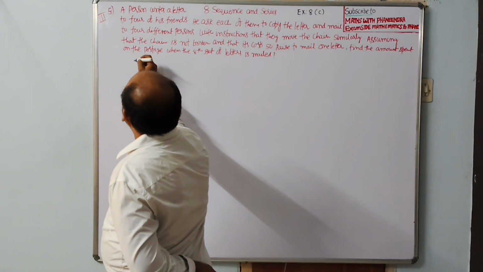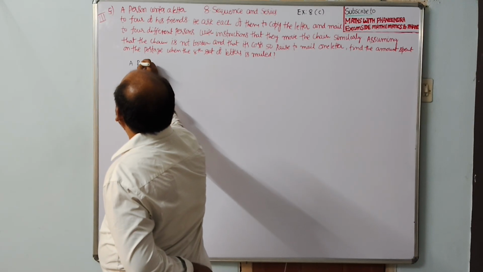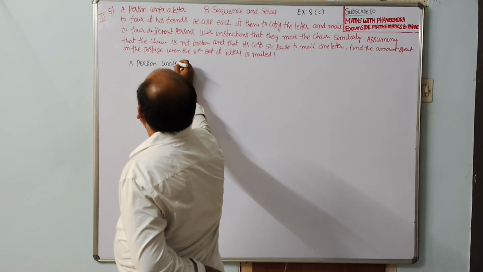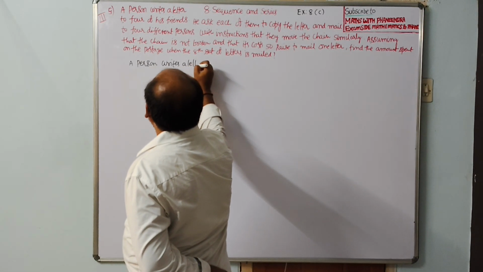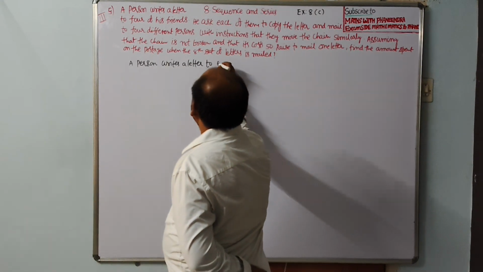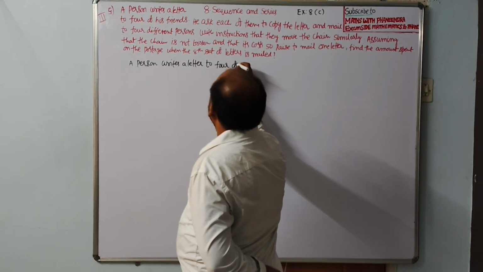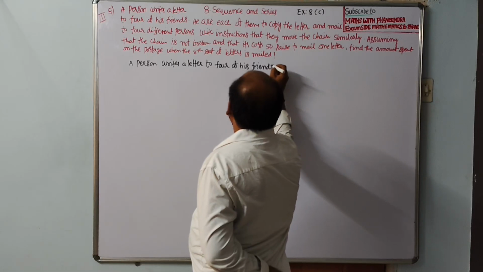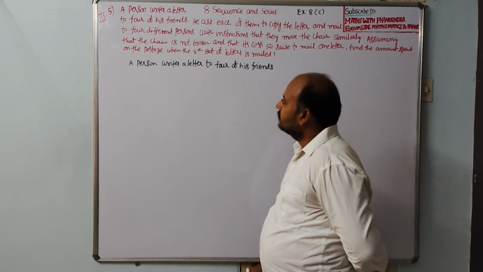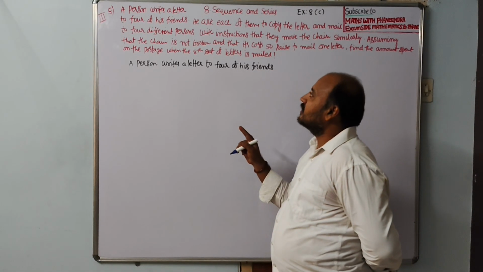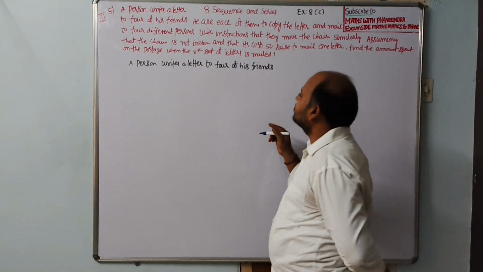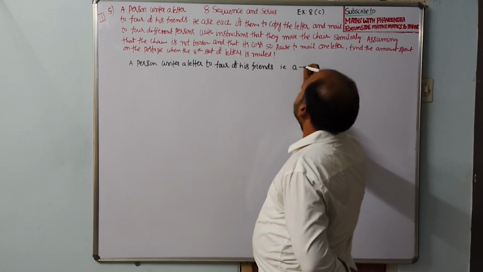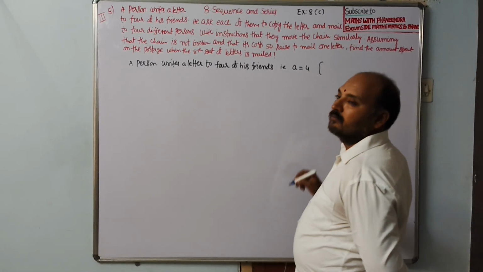So a person writes a letter to 4 of his friends. That means A is equal to 4.